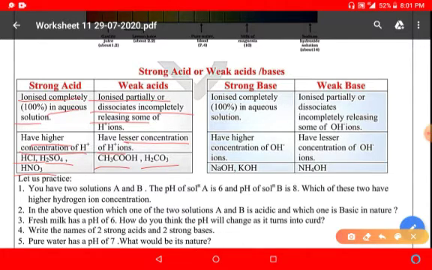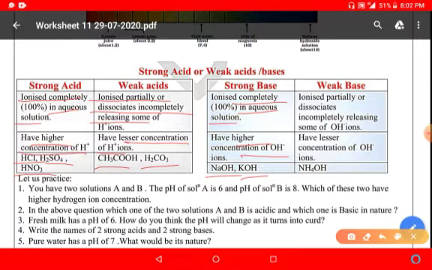In the case of strong bases, same as strong acids, they are completely ionized in solution and give a higher concentration of OH ions, hydroxide ions, like sodium hydroxide, potassium hydroxide. Whereas, what is the property of a weak base?